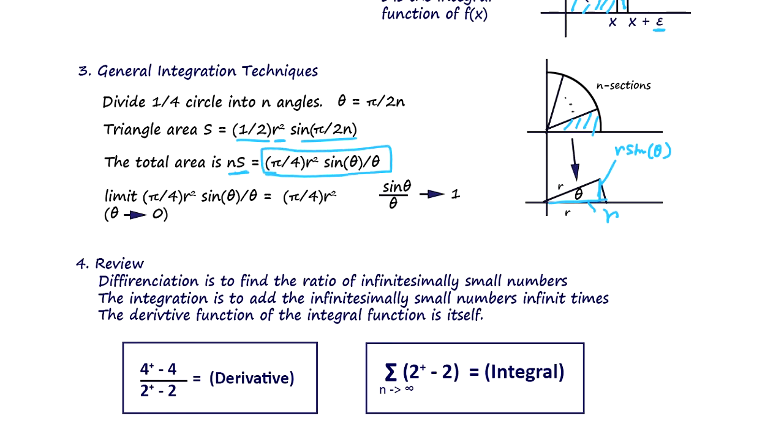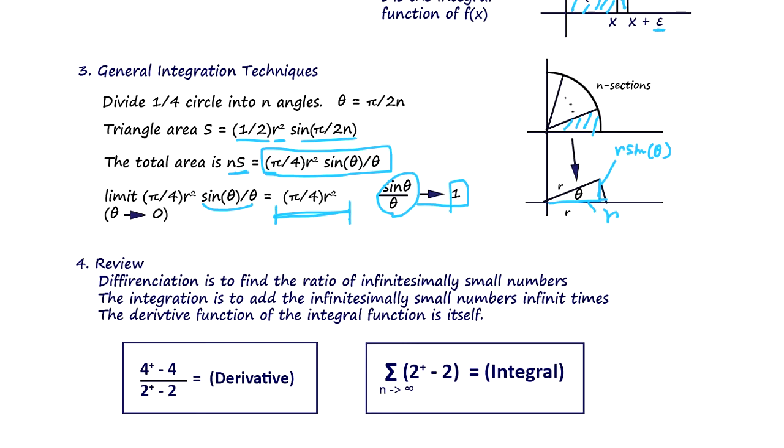Now we take theta to 0, meaning the angle becomes 0 by increasing the number n. Then this term will be 1. So this is the area, 1/4 of pi r squared. Okay, so this is one integral technique.